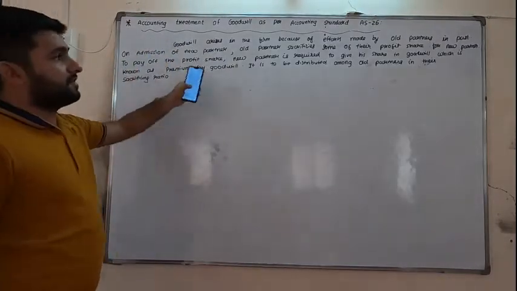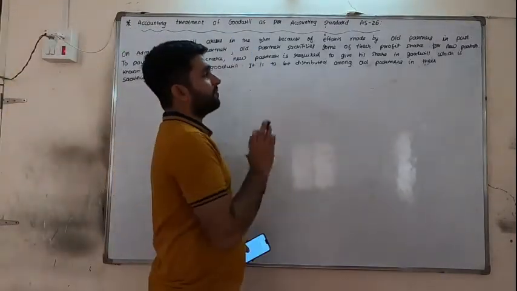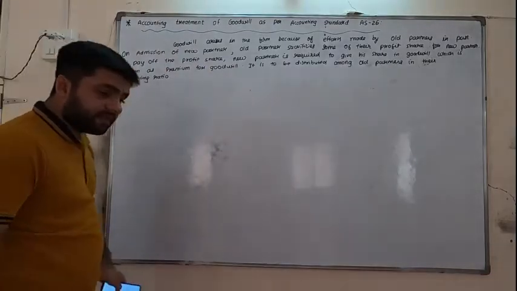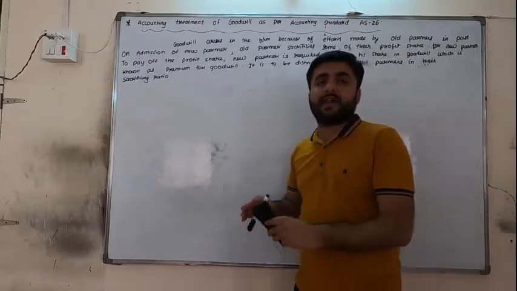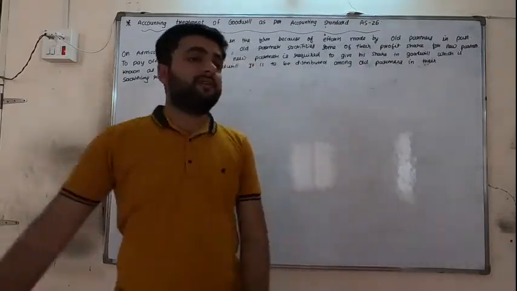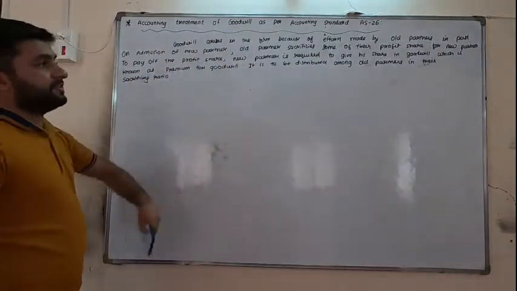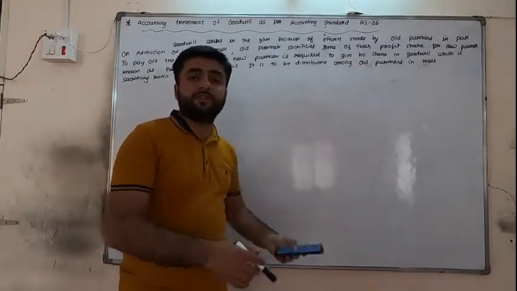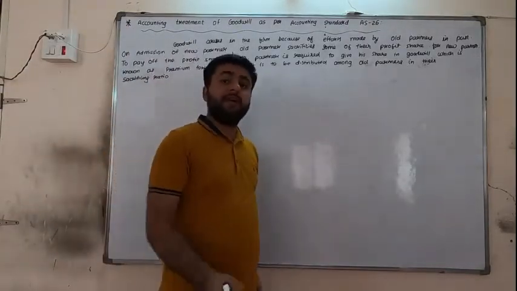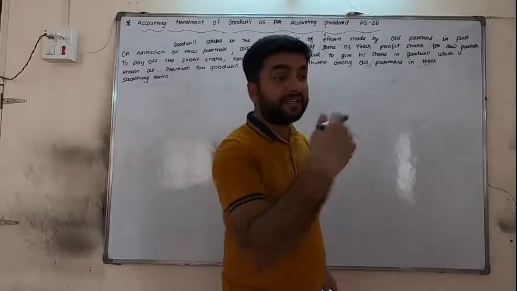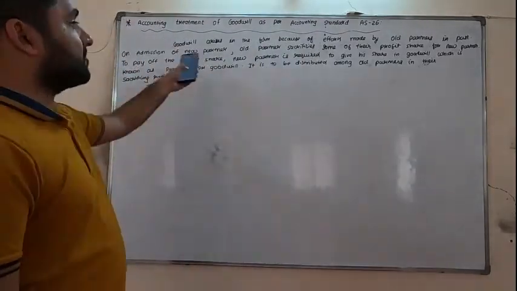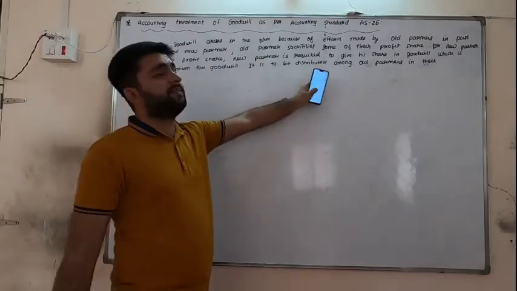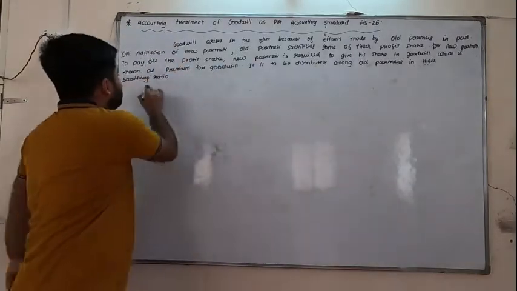On admission of new partner, old partners sacrifice some of their profit share for new partner. As you know, when a new partner is coming, the old partners are sacrificing for the new partner. Now, to pay off the profit share, new partner is required to give his share in goodwill, because he is new, and if he is directly getting the profit, then he has to give something back to them. That share in goodwill is known as premium for goodwill, and it is to be distributed among old partners in which ratio?